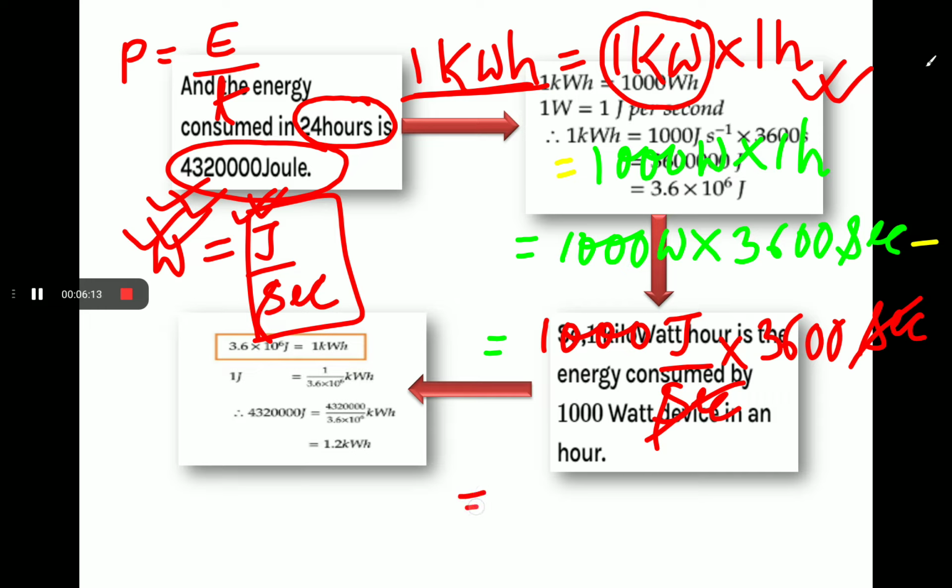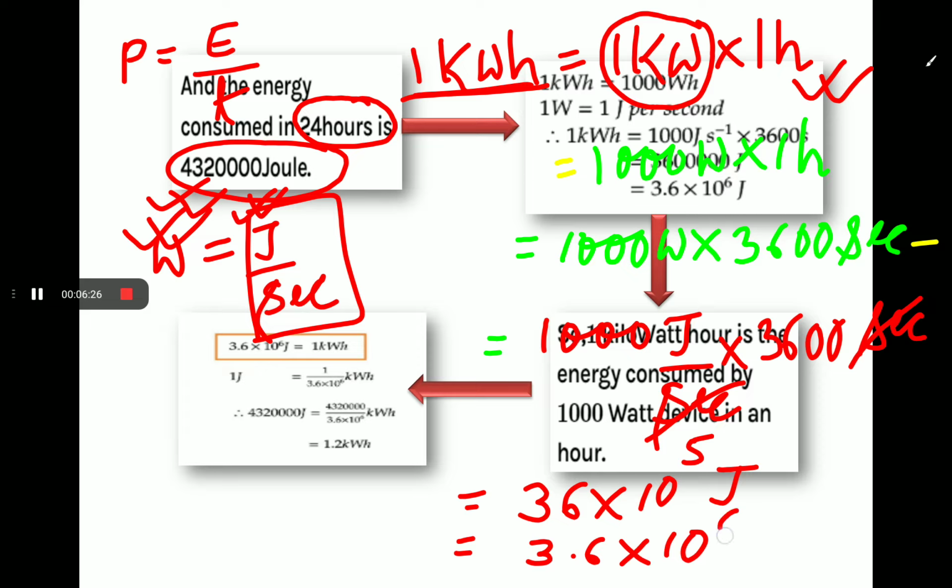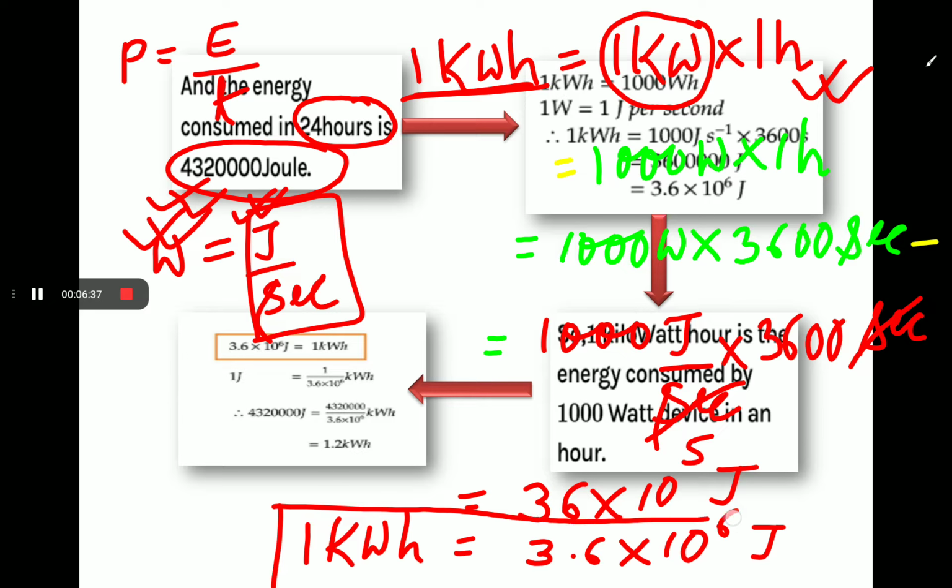So it becomes 36 into 10 to the power 5 joules, and when we convert it into standard form, that is 3.6 into 10 to the power 6 joule, and this is equal to 1 kilowatt hour. So actually this is the conversion, that 1 kilowatt hour is equal to 3.6 into 10 to the power 6 joule.